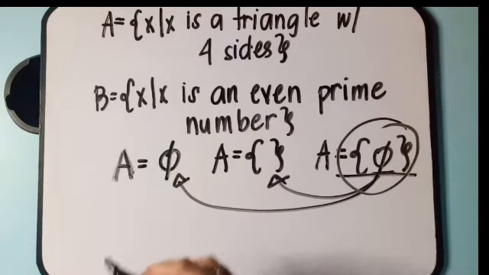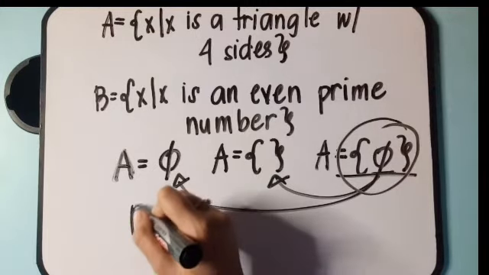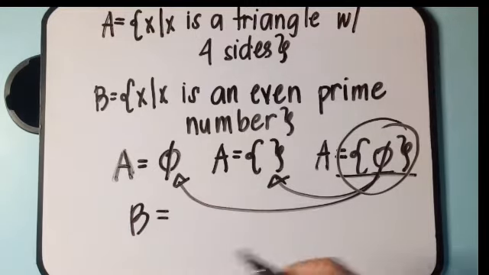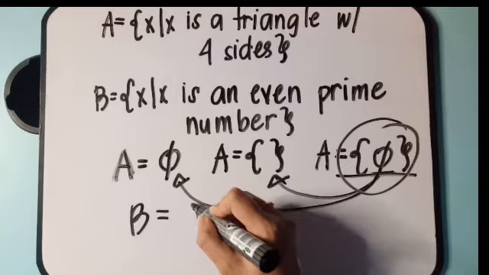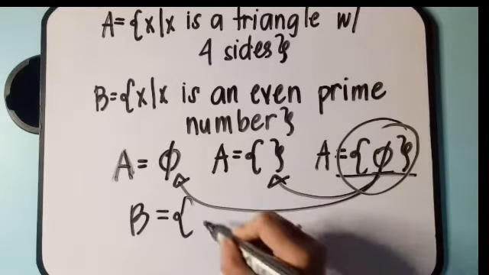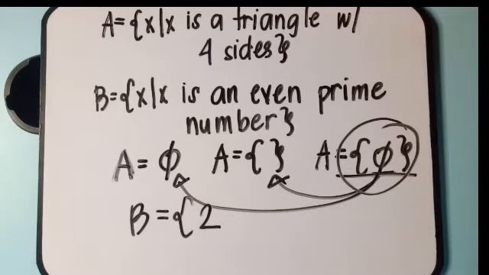Okay? Let's have set B. Set B is the set of x such that x is an even prime number. Okay. So, we list down the elements of set B. Ano yung prime numbers that are even? Okay. So, we have 2. 2 is an even prime number. Okay.